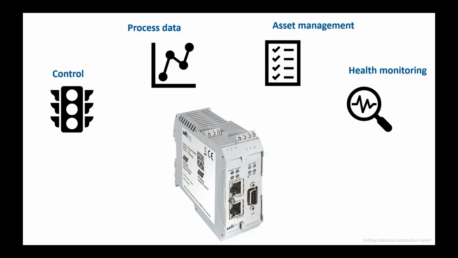Health monitoring, also a big thing, as most of you might have heard, like the term predictive maintenance. Predictive maintenance is all over the place in context to IIoT, Industry 4.0, and whatnot. Also, health monitoring very important.